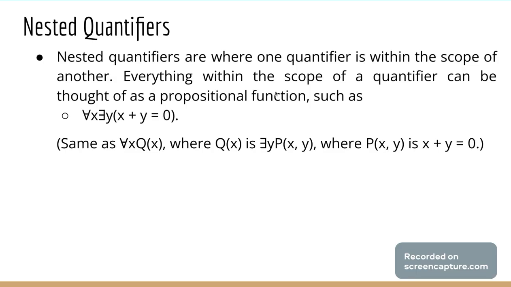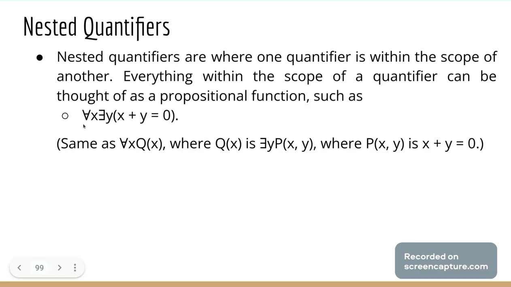Look at this example. It has two quantifiers, and these are nested quantifiers. The opening quantifier is for all x. There exists y, x plus y is equal to 0, can be considered as a single proposition.